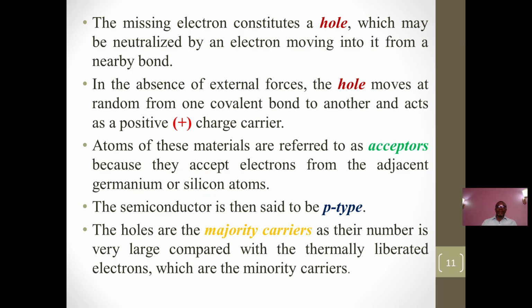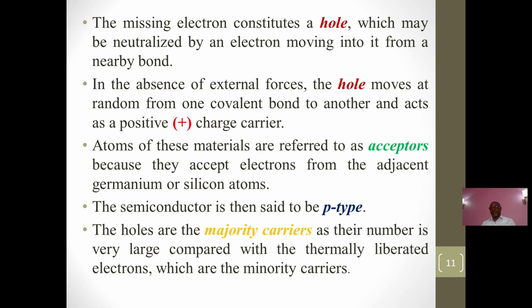Then 1 of that outer valency electron will be looking for what to combine with. So say in the absence of external forces, the hole moves at random from one covalent bond to another and acts as a positive charge carrier.